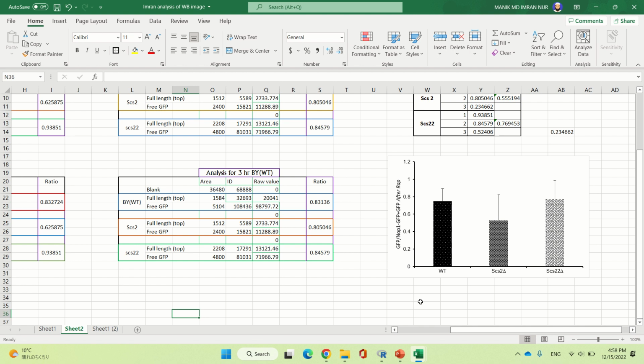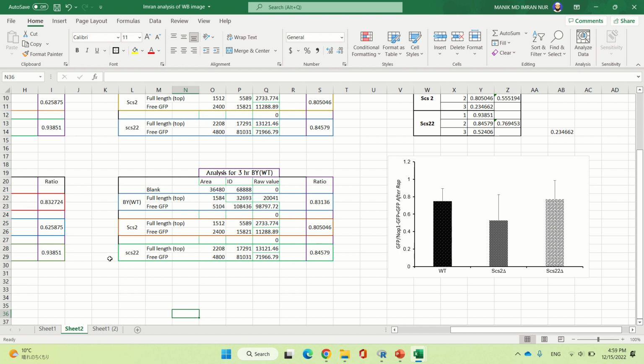PGK indicates the level of the entire protein, whether this experiment has been done with the accurate volume applied or not. So during calculation of the GFP and free GFP ratio, no PGK value is included.